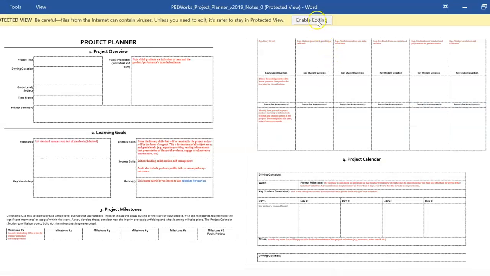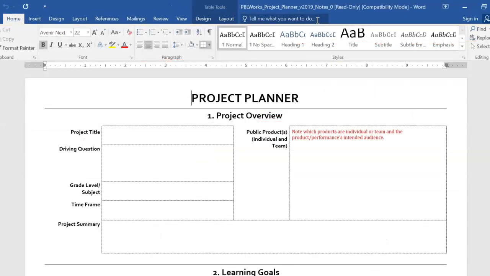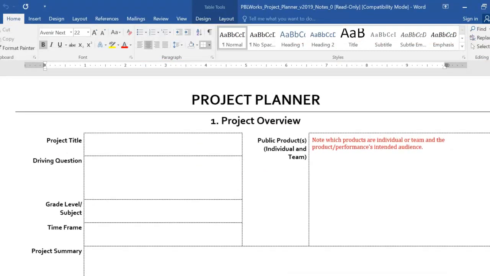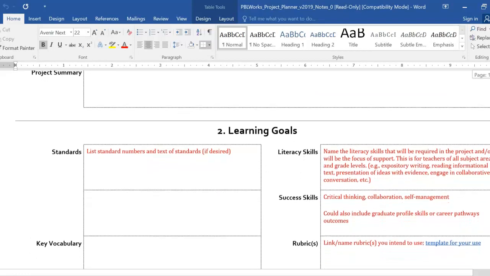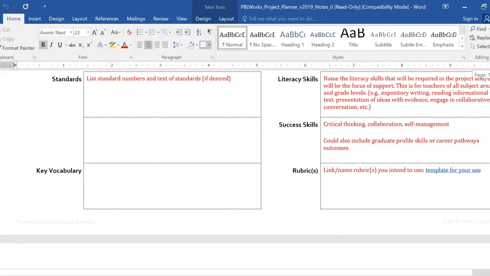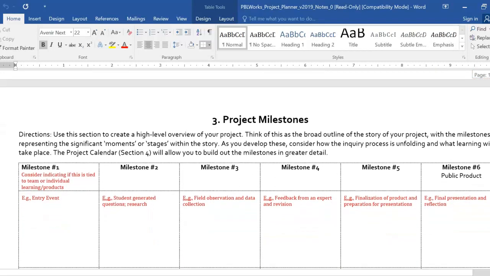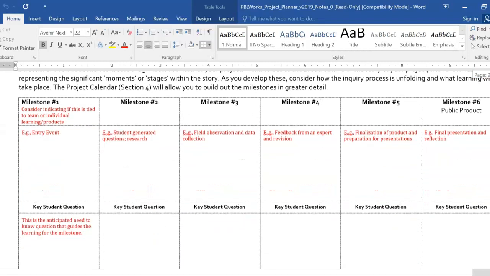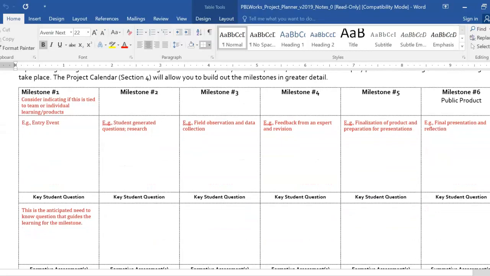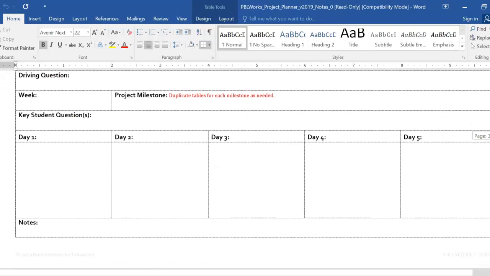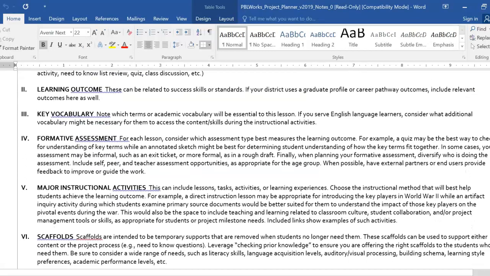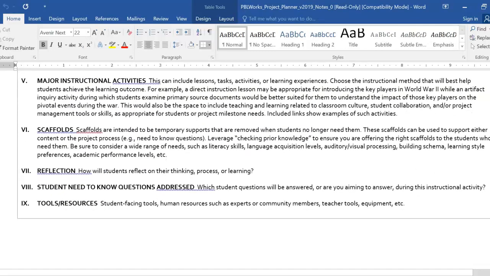Okay, so with this one, you can see this just has some little explanatory text, with some examples. All right, so I hope that that's helpful as you start putting together your project.